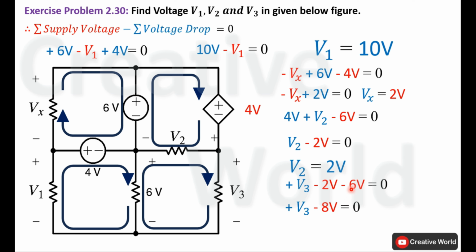Add minus 6 volt and minus 2 volt together, it will become minus 8 volt, and place this minus 8 volt on the other hand side of equal to calculate value of V3, that will become 8 volt. So the values of voltage V1 is 10 volt, V2 is 2 volt, and V3 is 8 volt inside this circuit. This was exercise problem number 2.30.